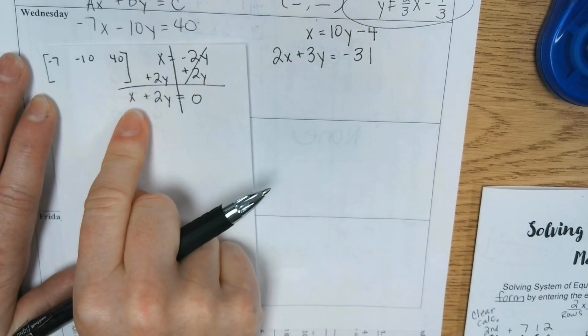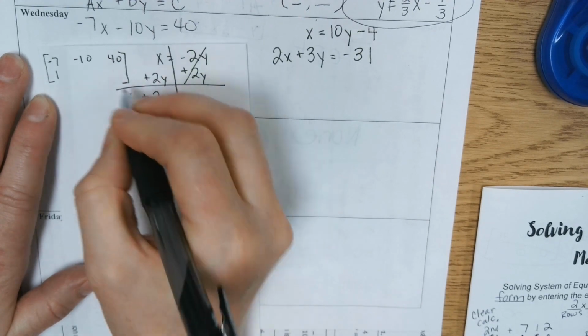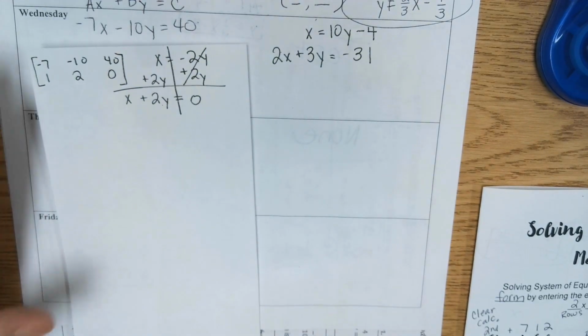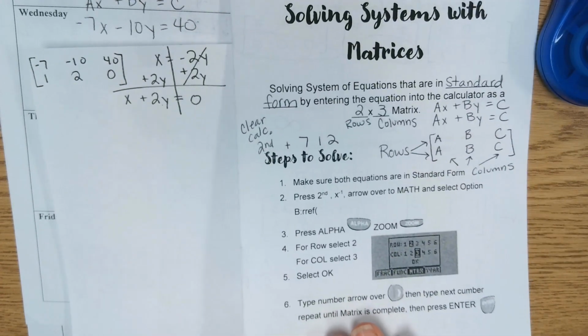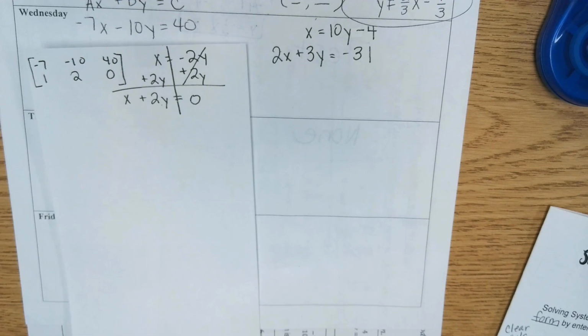And then the other one is going to be 1, 2, and 0. Okay, so you'll do the RREF and find the solution. You can write your output matrix.